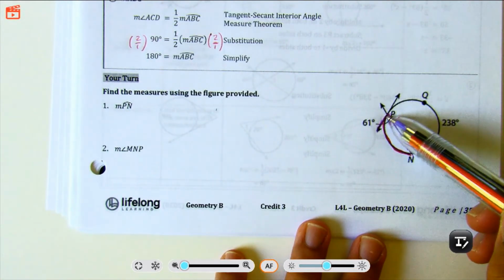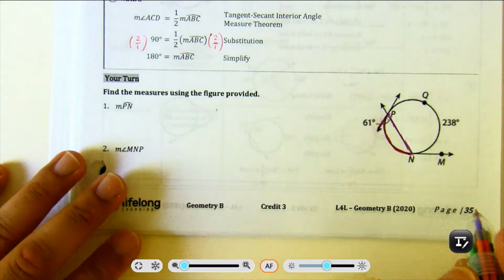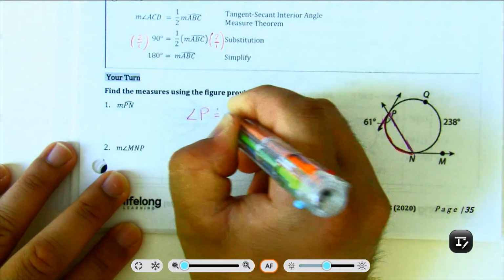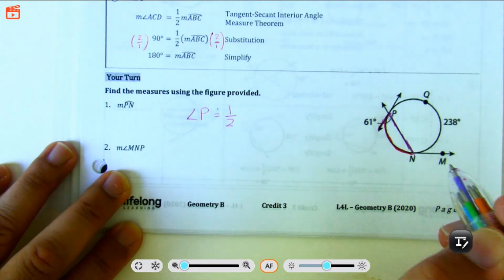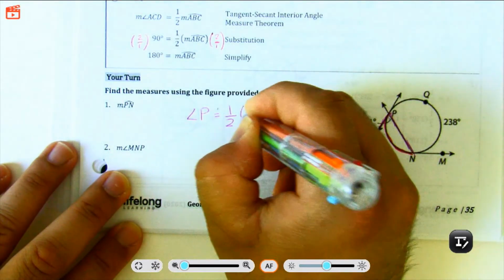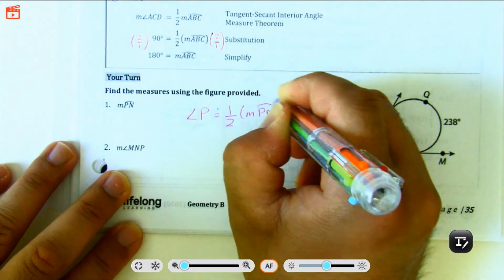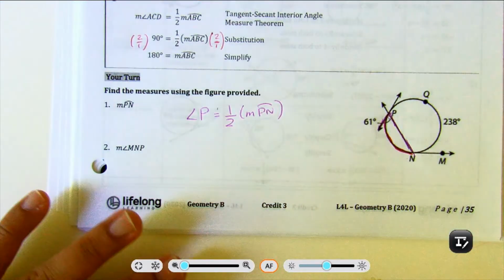Angle P is equal to 1/2 the measurement of arc PN. And I know angle P is 61, so I have 61 is equal to 1/2 times the measurement of arc PN.